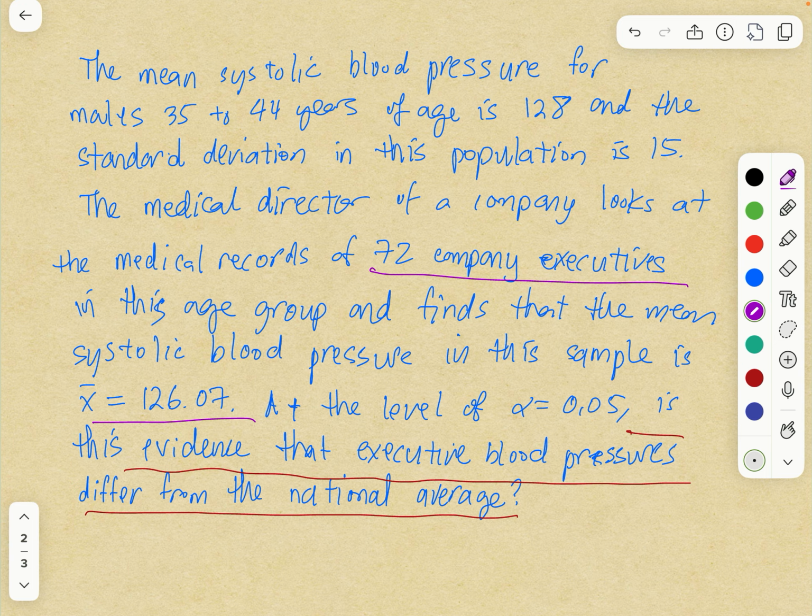So the null hypothesis, right? To figure out what the null and alternative hypotheses are, you have to ask yourself, what is the thing that we want to know about? And what we want to know about is the average blood pressure of executives.